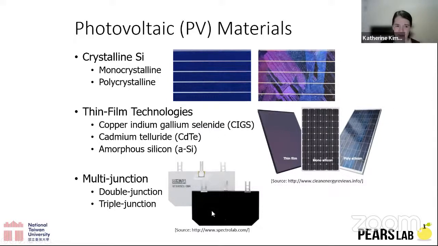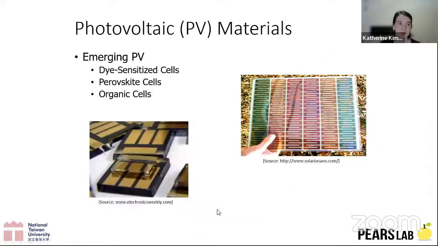So those are definitely satellite applications or very high price applications. There are also some emerging types: dye-sensitized cells, perovskites, which are really big in solar cell development, and some organic. They are looking for low cost solutions and sometimes unique applications, like semi-transparent and flexible ones.